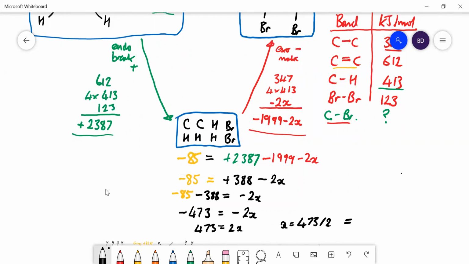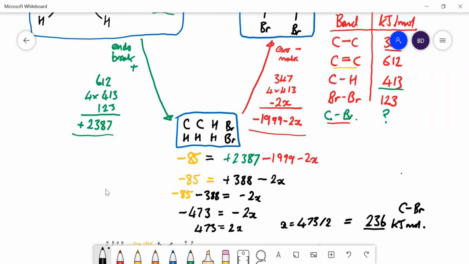That's 236.5, sorry, that's 236 is the bond energy for the carbon-bromine bond. Okay, so there's our answer, and the units are kilojoules per mole.